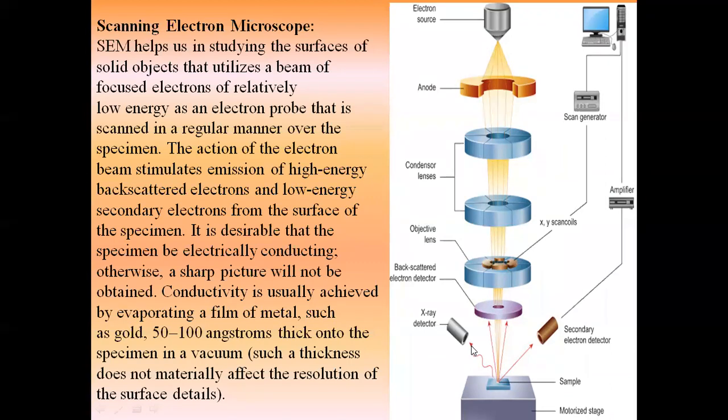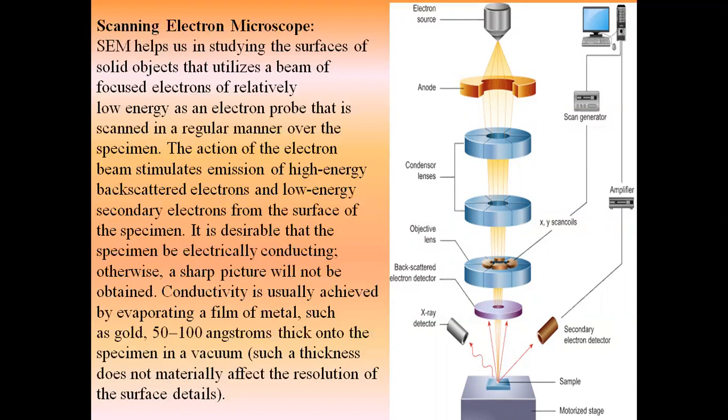For any sample, when the electrons hit the surface, it is possible that the electrons coming from the electron source, the electron gun, may enter into the sample and expel some of the electrons from the sample.